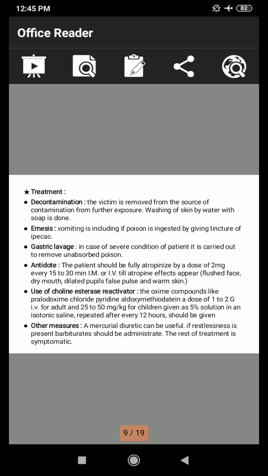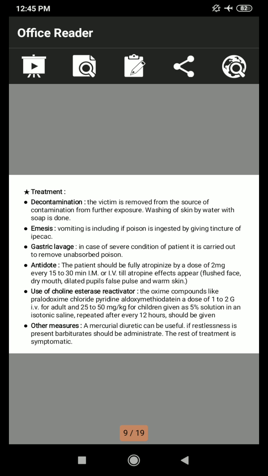The patient should be fully atropinized with a dose of 2 mg every 15 to 30 minutes IM or IV till atropine effects appear, that is flushed face, dry mouth, dilated pupils, fast pulse and warm skin.